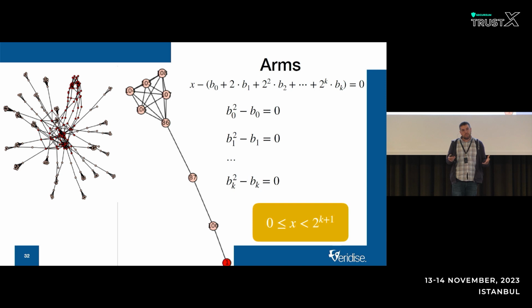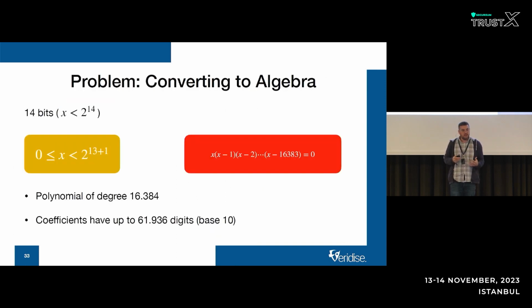But now the problem is, once you want to get rid of that range constraint and you feed it into an SMT solver, which will try to use some Gröbner basis, it will convert the simple range constraint into a big polynomial equation. And the polynomial equation basically says that x is either 0, or 1, or 2, and so on, up to 16,383.